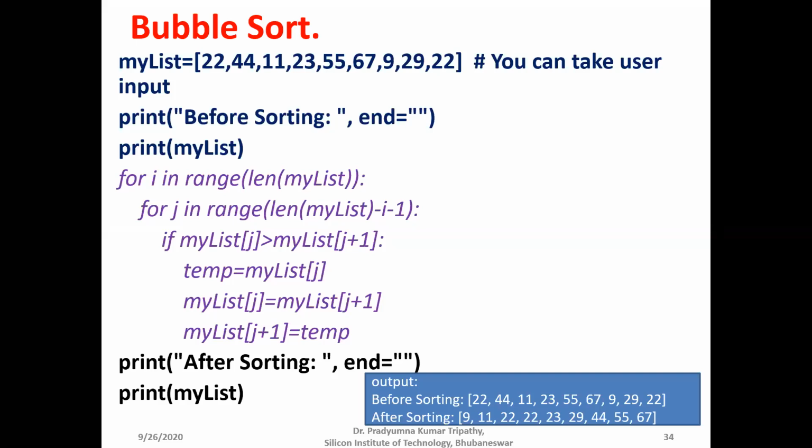The same logic we have put over here: for i in the range of the length of my list, for j in the length of my list minus i minus 1, because n is the length of the list, right? N minus i minus 1, the same logic that I have written over here, correct?